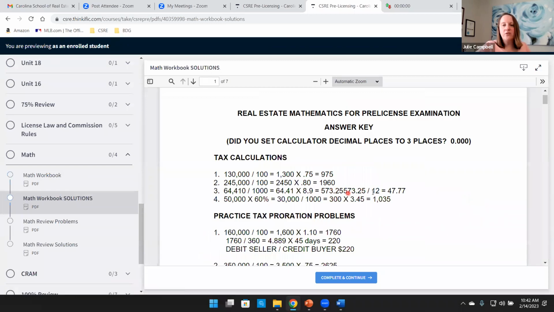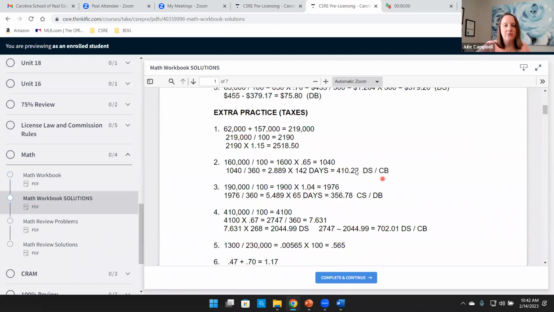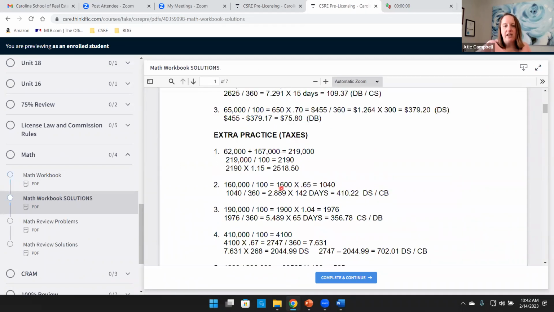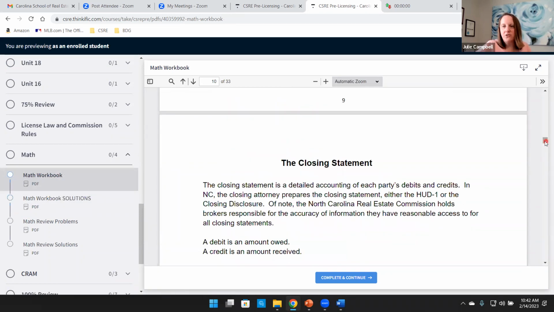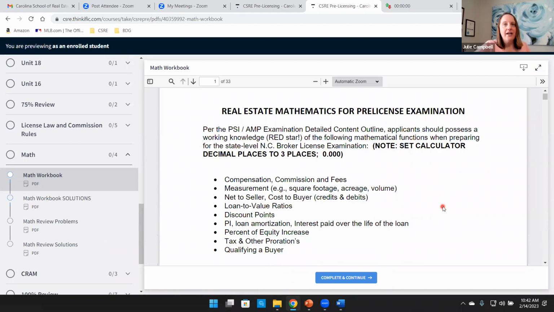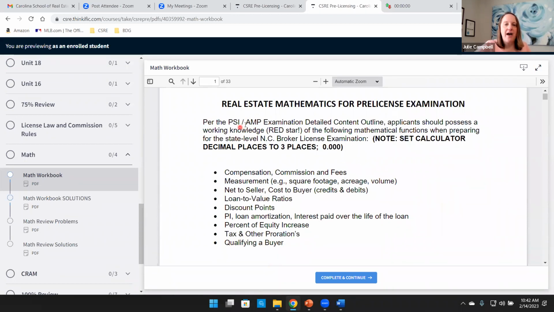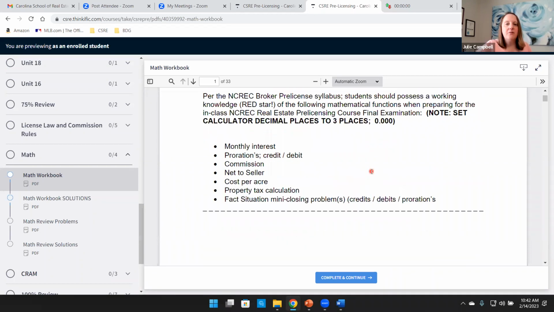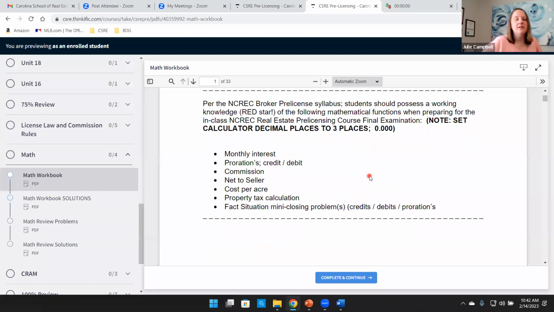Of course, we also have the solutions to each of the practice problems in the different sections, and it gives you the breakdown. But the real gift, I know, Julie, what kind of gift is extra math practice problems? But the real gift in the math workbook is the first page. The first page tells you the math that you can expect to see when you go to PSI Testing Center, and then it gives you the math you can expect to see on my exam.